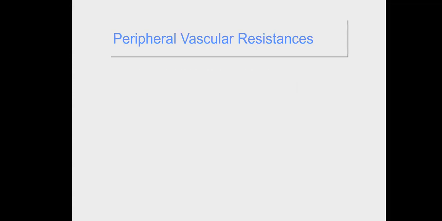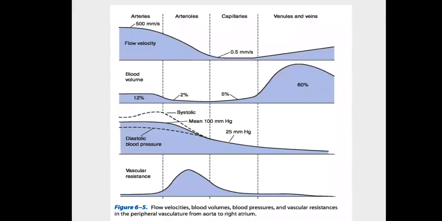The arterioles have the highest resistance. Look, the vascular resistance is at its highest in the arteriole. So the higher the resistance, the higher the drop.